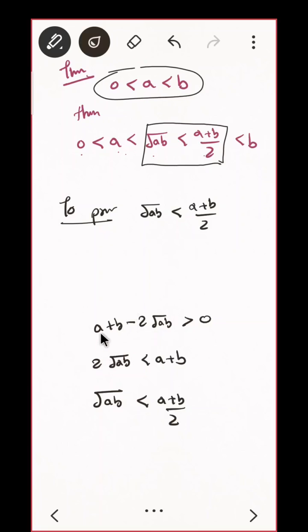Can I write this as, perfect, very nice, root a square plus root b square minus 2 root a root b. This is positive, but this is same as root a minus root b, that is the whole square is positive. Do you agree?